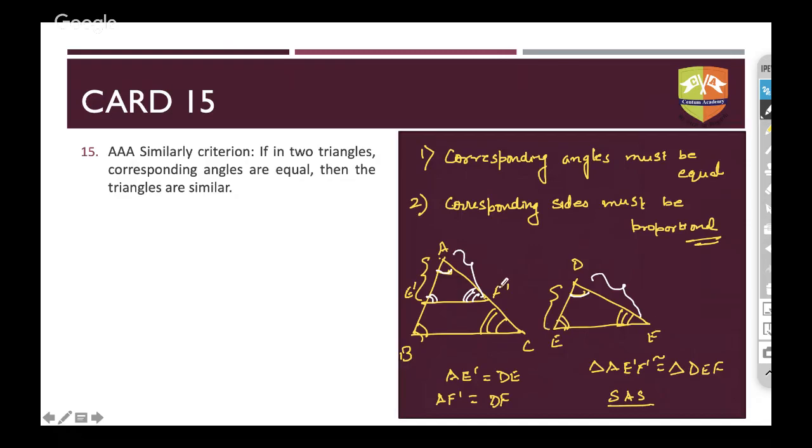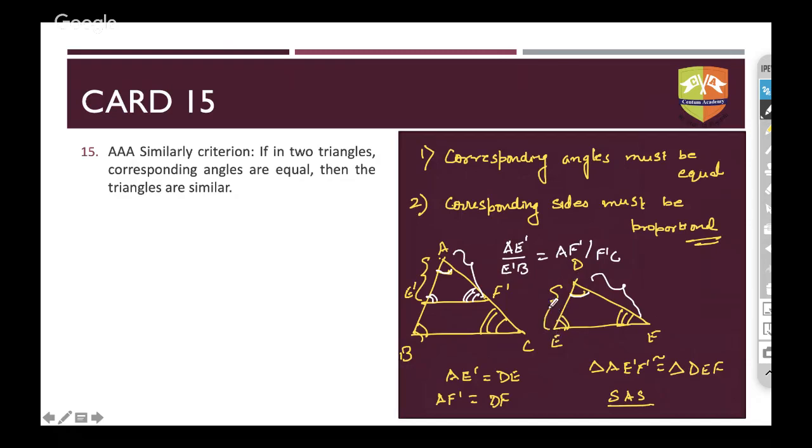Right? And if E dash F dash is parallel to BC, then by using BPT, that is the basic proportionality theorem, the conclusion would be AE dash by E dash B is equal to AF dash by F dash C. And AE dash is nothing but DE.